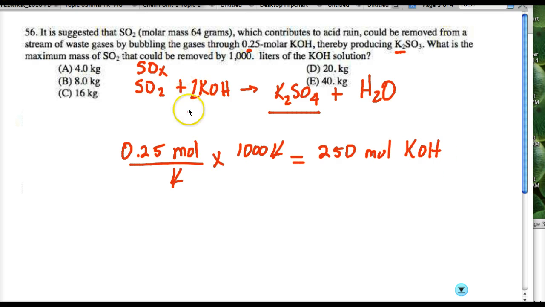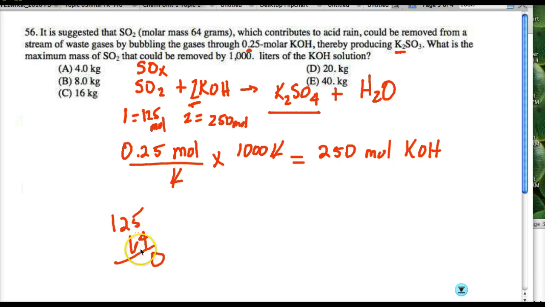So if 2 is equal to 250 moles, then 1, because this is a 1 in that ratio, is going to be 125 moles, right? So 125 moles times the 64 grams per mole they gave us.